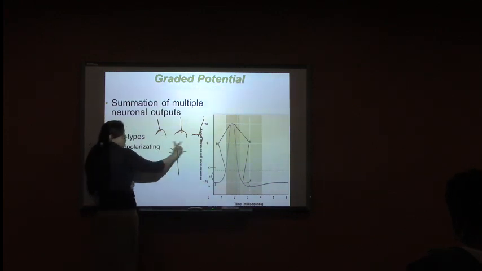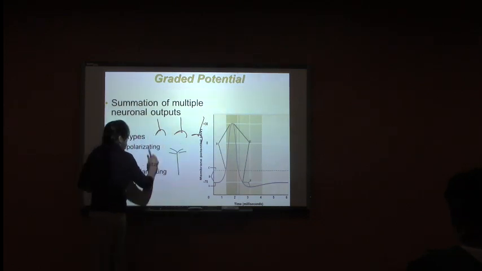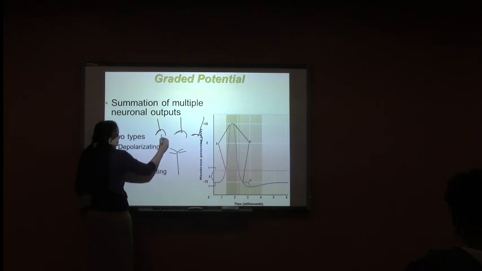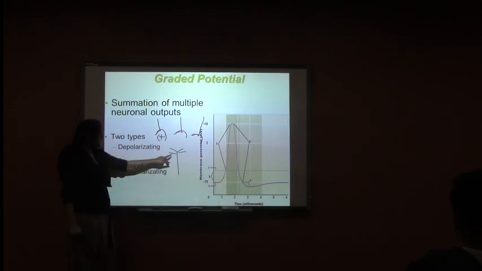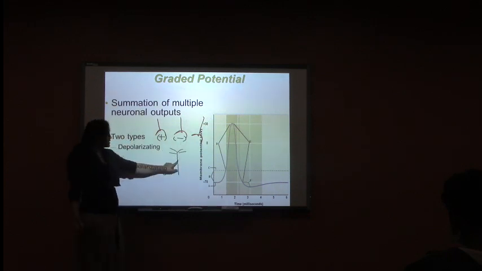Okay, and here is the synaptic cleft. Now, this axon gives a signal which is positive, meaning it tells this next neuron in line to fire. Okay? This one gives a negative signal, meaning it tells this one not to fire.